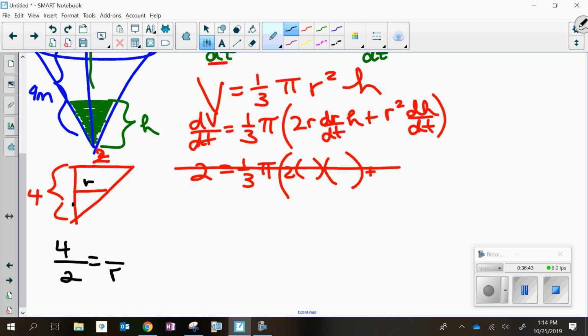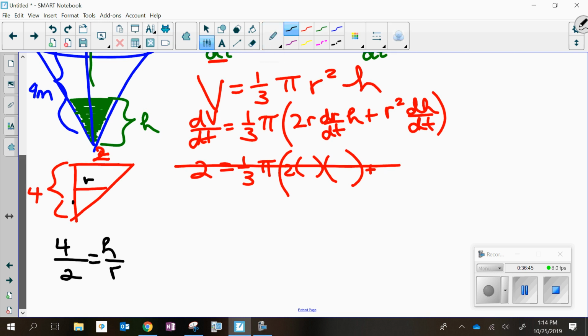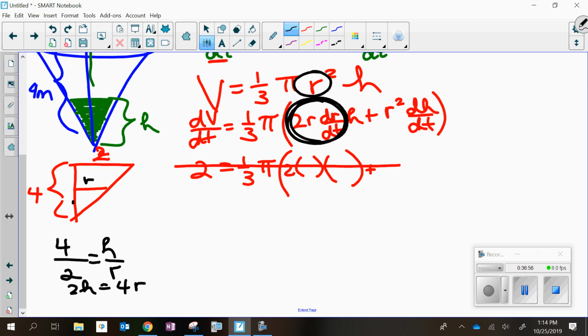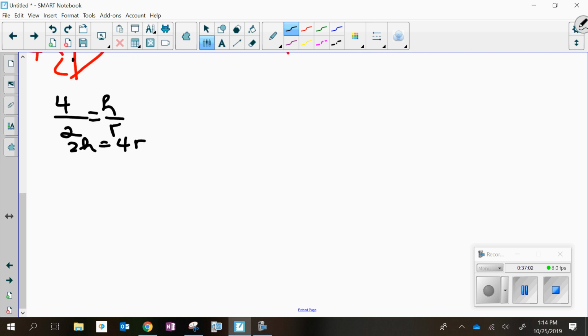Because what happens is we're going to have to take 2h equals 4r, right? We're going to have to replace this from the beginning because none of these are showing up. So we're going to replace r with what? Right, 2h over 4, which is h over 2.